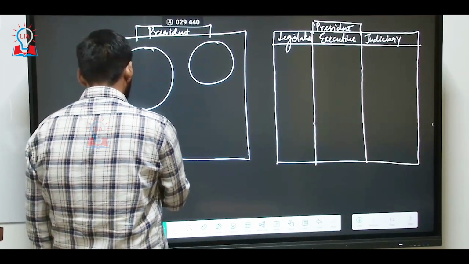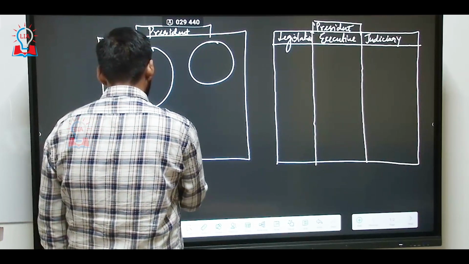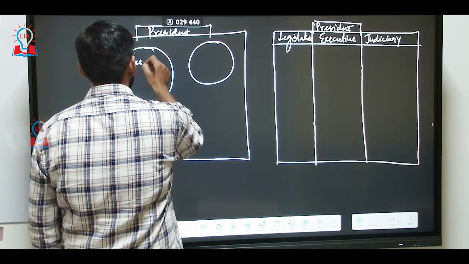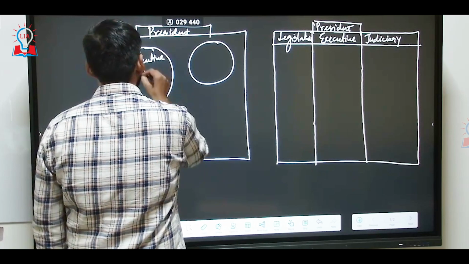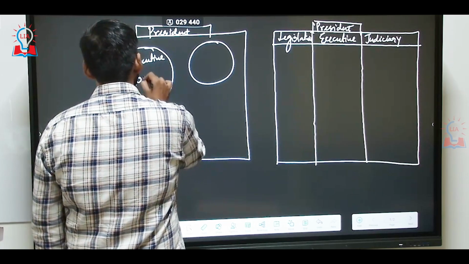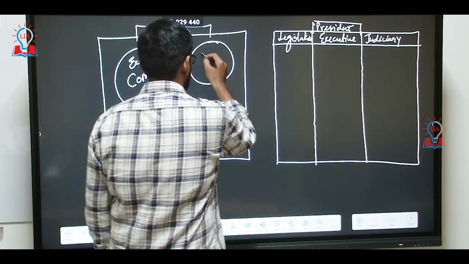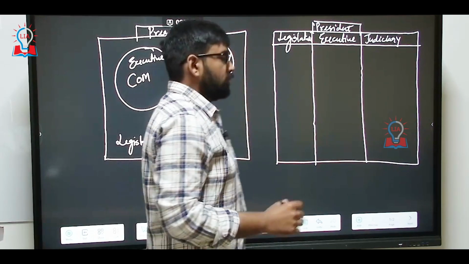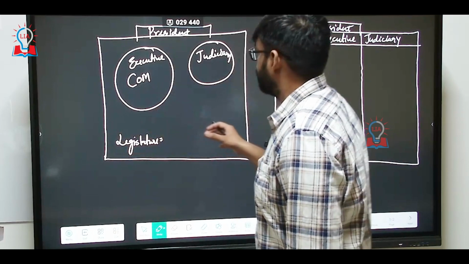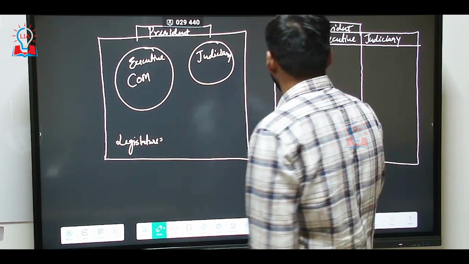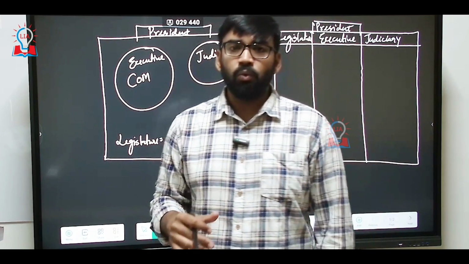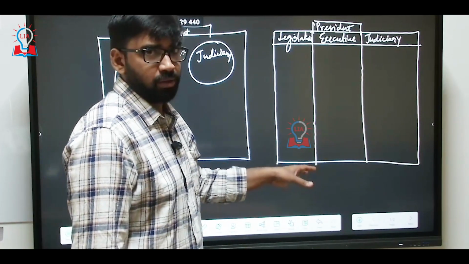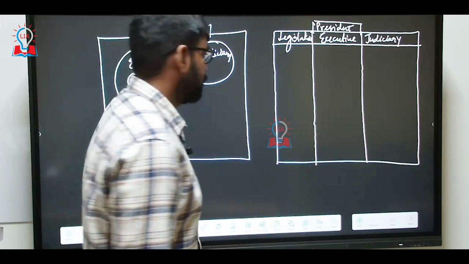This is legislature, and this is executives, that is council of ministers, and this is judiciary. Now, there are two models, one this and another this. So which one is related to the parliamentary model of democracy?